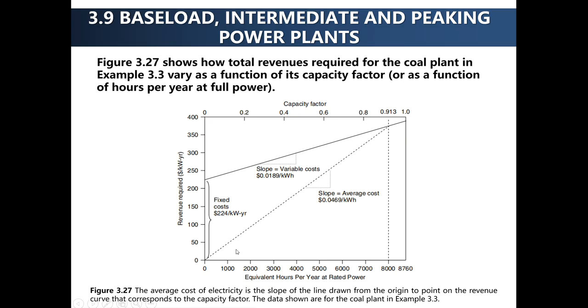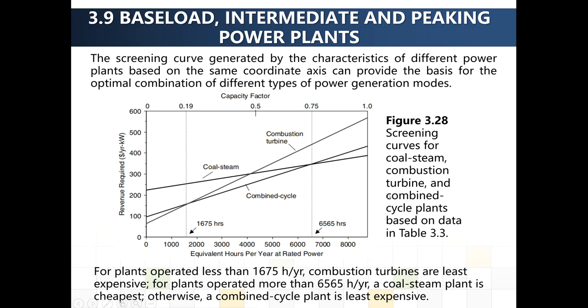So the slope line combines both fixed cost and variable cost, and shows the average cost of this coal steam power plant is 4.69 cents per kilowatt hour. The screening curve is generated by the characteristics of different power plants based on the same coordinate axes and provides the basis for the optimal combination of different types of power generation.